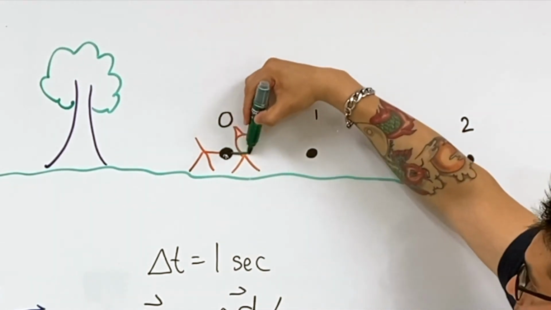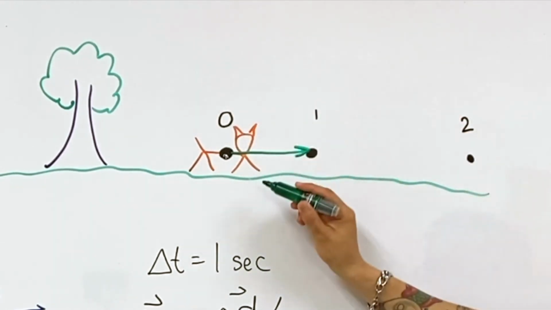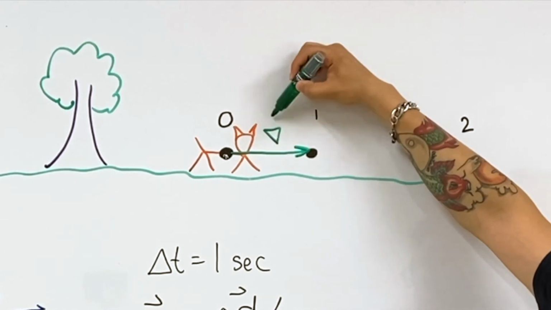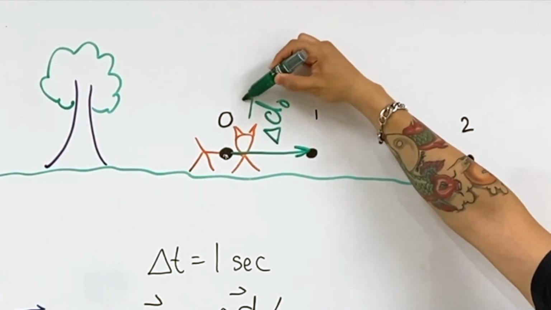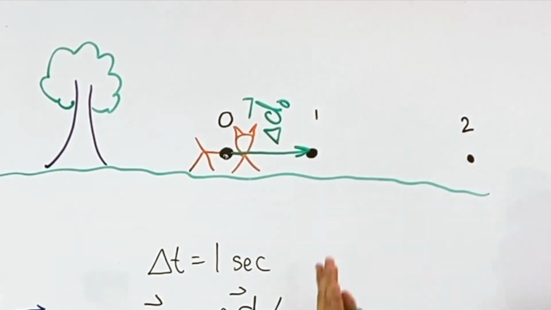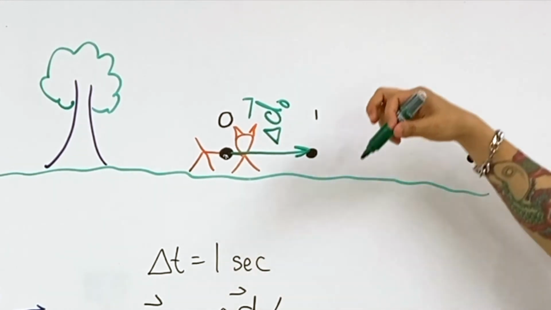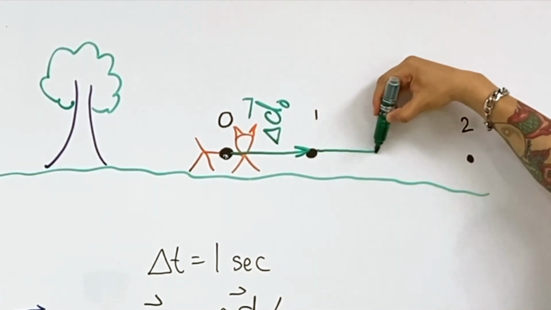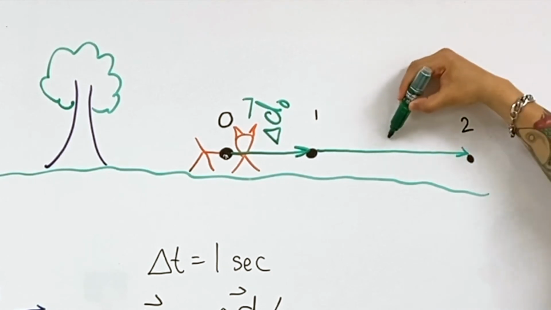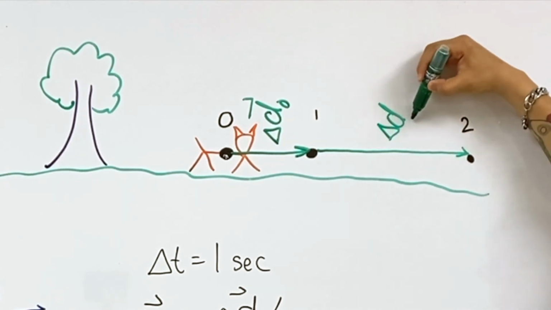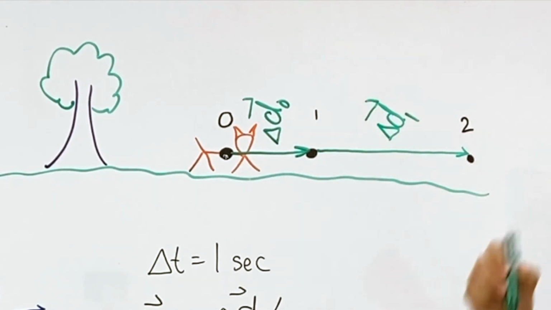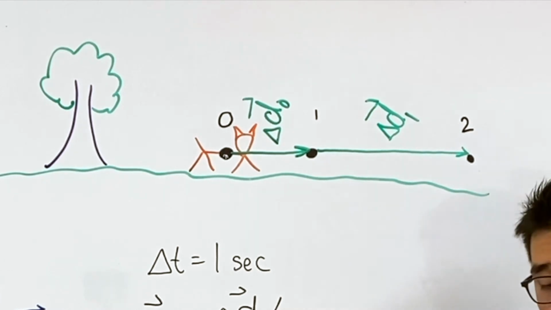So we have our first displacement vector, delta d0. And for the next time interval, we just connect the dots again. And our second displacement, we call it delta d1. Very easy.